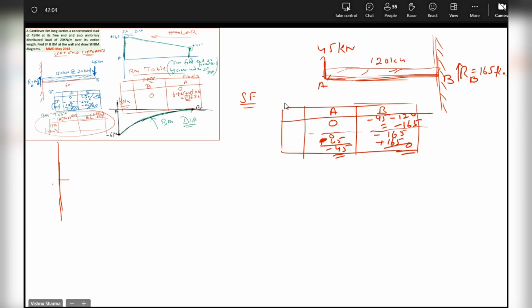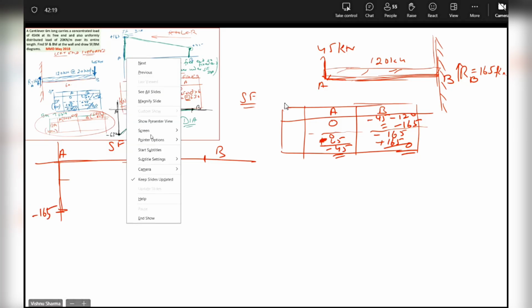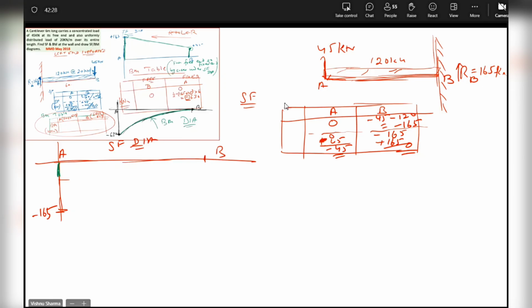So here is A, here is B. This is the SF diagram. Minus 165. At A, it goes from 0 to minus 45. Then it goes to plus 165 and becomes 0.